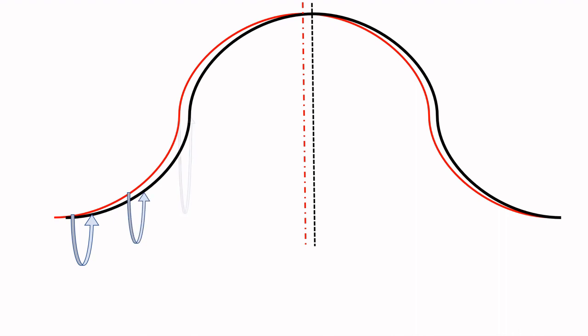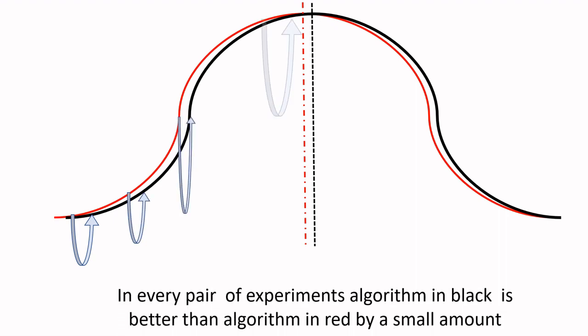But if every one of these is actually paired up, if on every single test, the black one is better than the red one, then that's significantly better, right? Because the chance of that happening randomly, that almost everywhere black was better than red, just doesn't happen randomly, right? If it was random variations, then you expect red and black to be crossing each other. So you can detect more subtle differences with a paired kind of test than you would from a non-paired test.